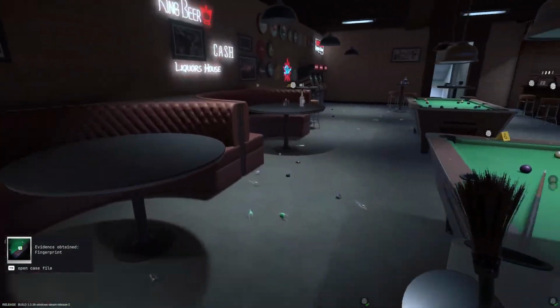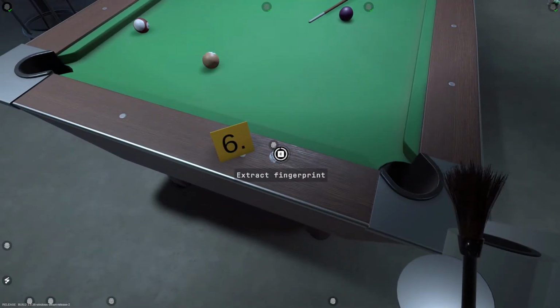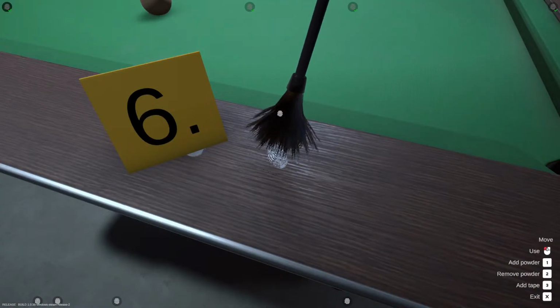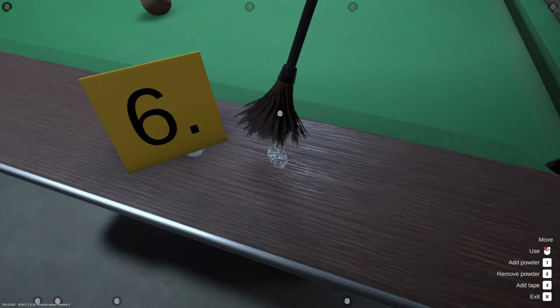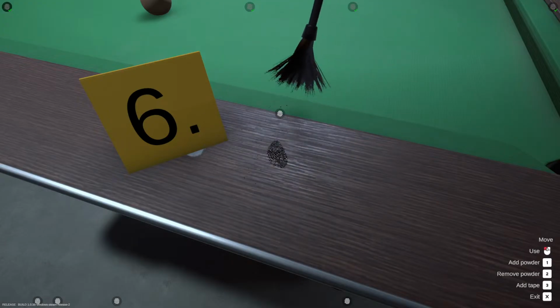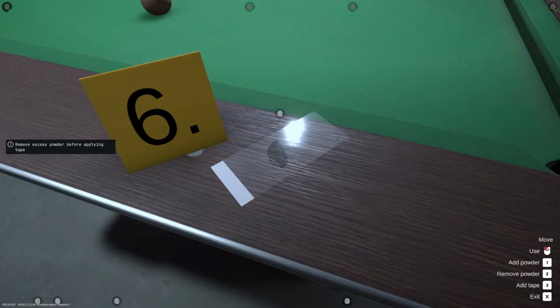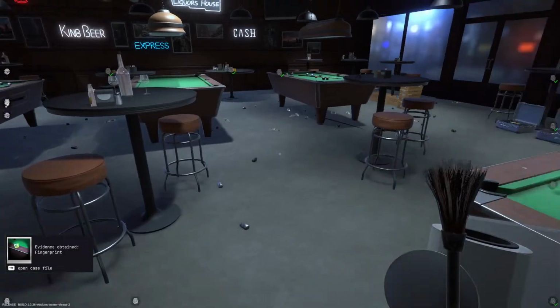Alright, how many fingerprints left? Probably like 6 maybe, I think? Yeah, probably. These definitely take the longest to deal with. There we go.